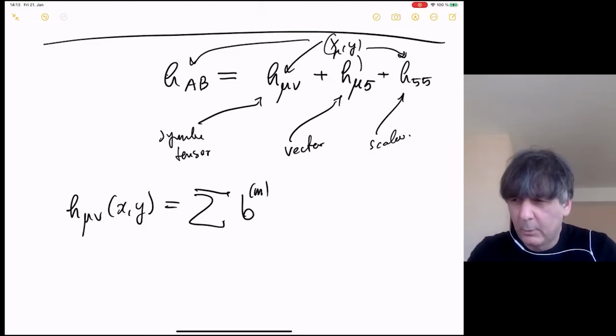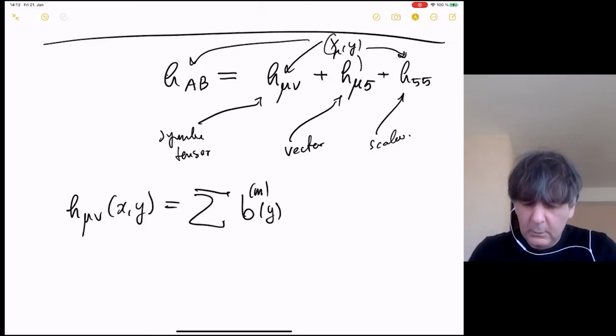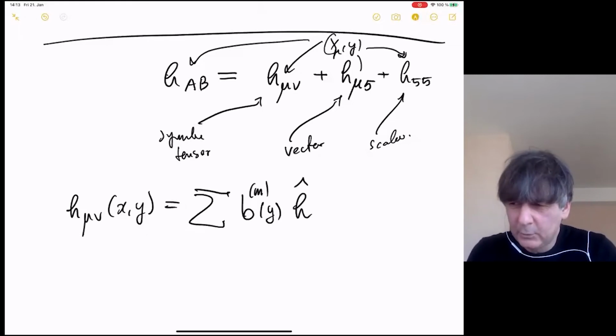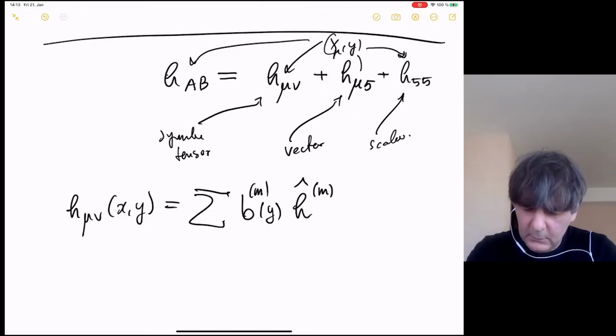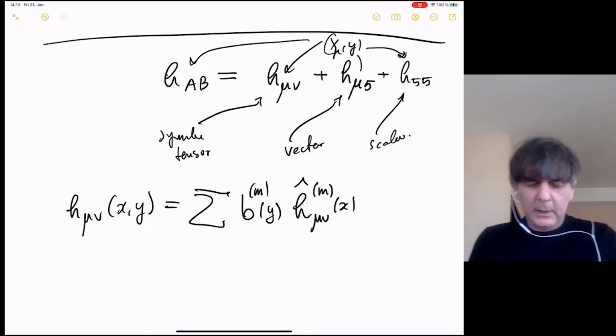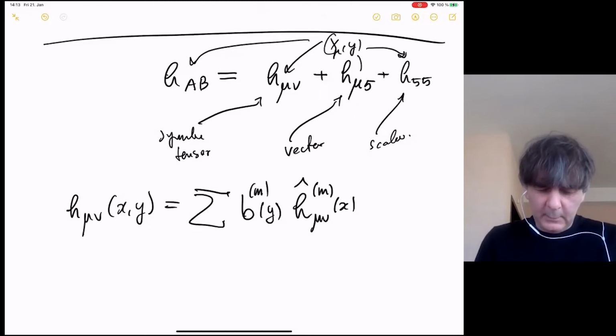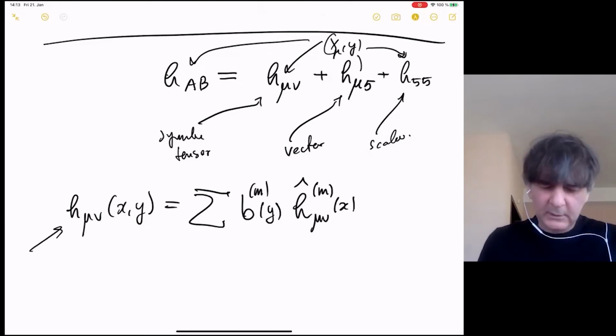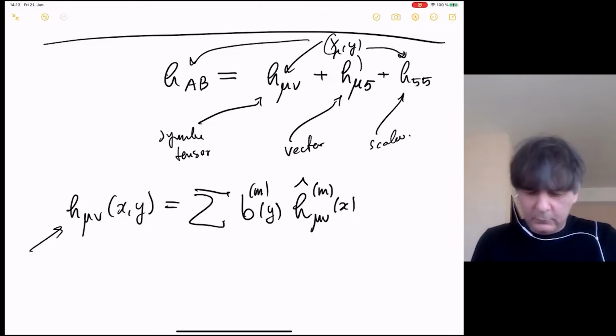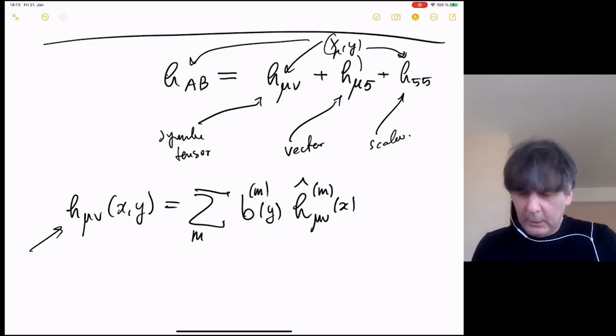But let me for a moment keep it general. So let me call them B's, with a hat on top. Here we have to introduce notation because we cannot get away without notation. So far, I'm just taking the high-dimensional metric perturbation and expanding it into Fourier modes with respect to y.